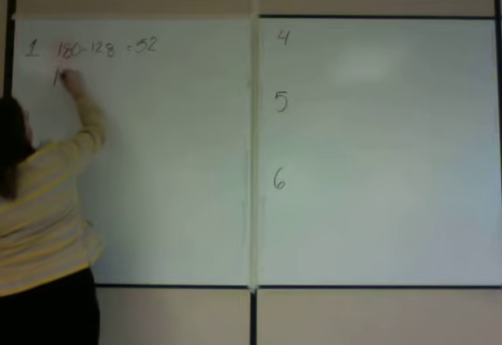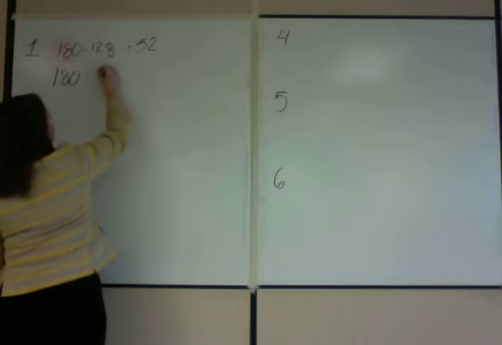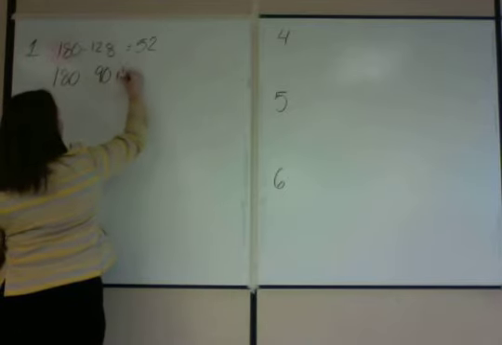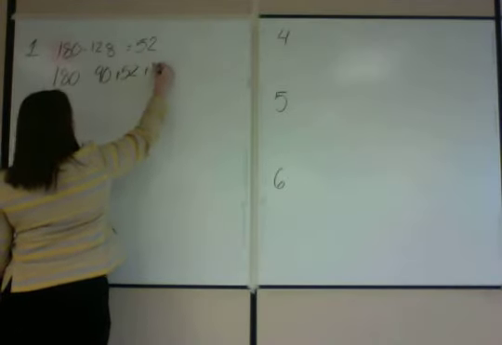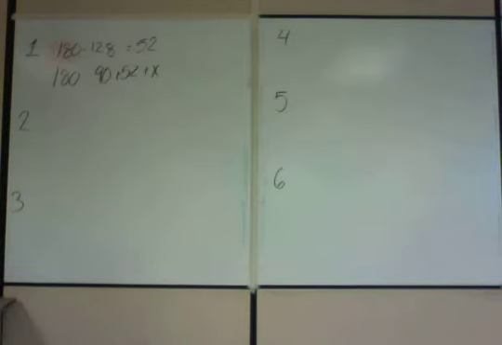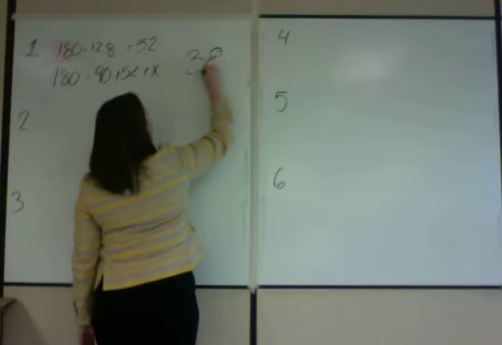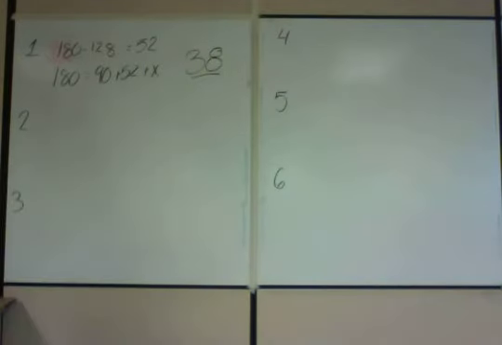So I have 180 equals 90 for the right angle plus 52 plus X. And then you just solve for X to figure out what that missing angle is, and you get 38.